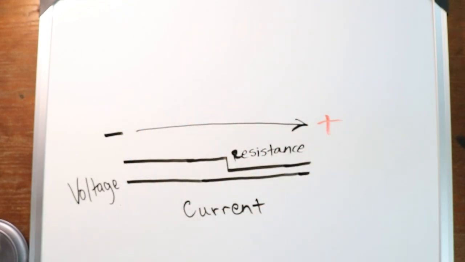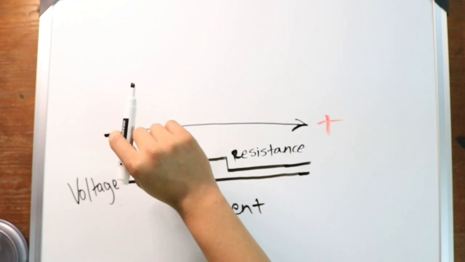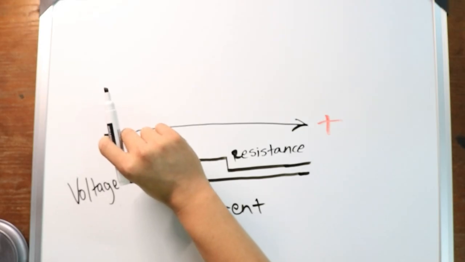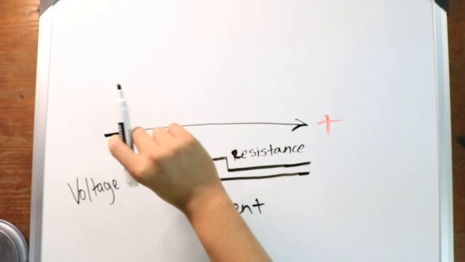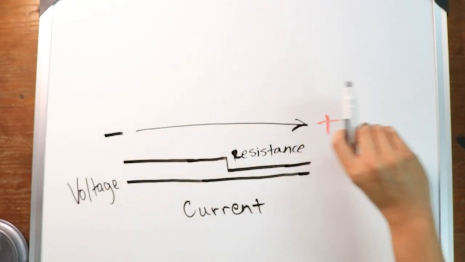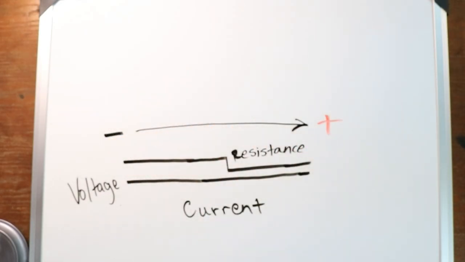That's called conventional. Meaning these electrons, the negative side, is attracted to the positive side. So these negative electrons are going to go towards the positive side, which causes a flow of electricity. And that's how you get from one side to the next.